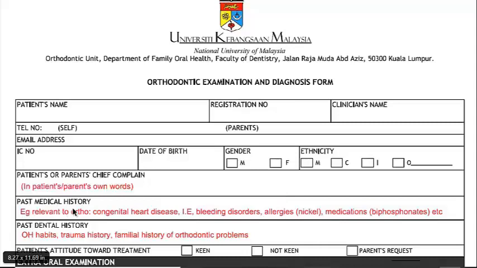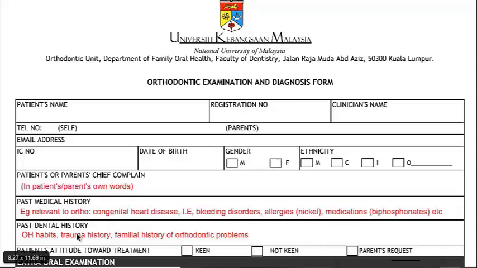For past medical history, as usual, you have to write any medical history that patient has and any relevant to orthodontic, for example, congenital heart disease, infective endocarditis, bleeding disorder, for example, if you want to refer for extraction. And because orthodontic deals with a lot of metal, so allergies to nickel is important to note down, and any medication that patient takes.